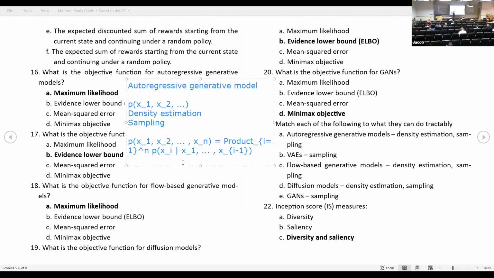Yeah, the question is, what is the purpose of density estimation? How is it useful to get the joint probability of the data?